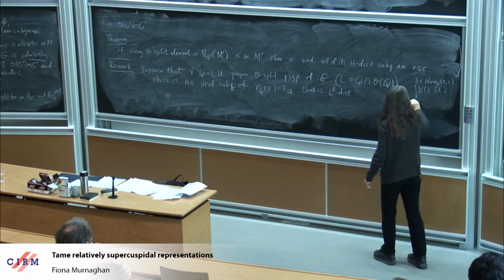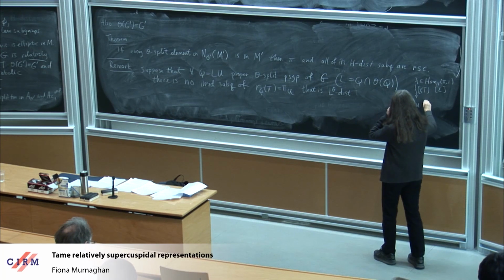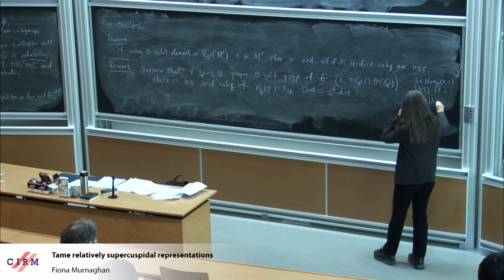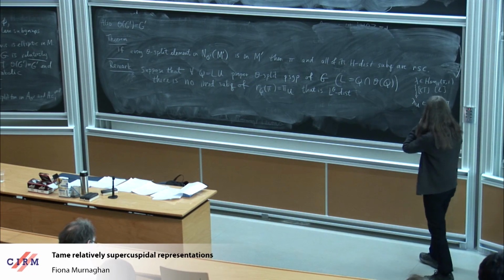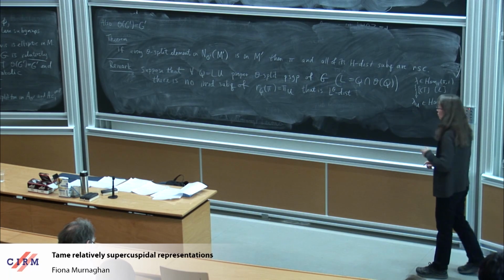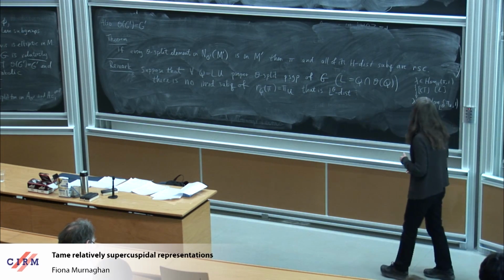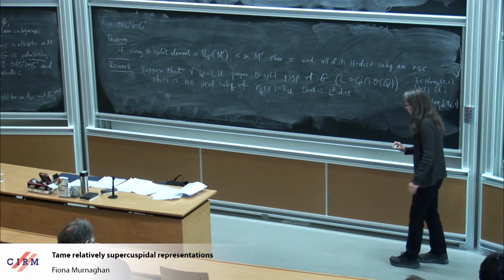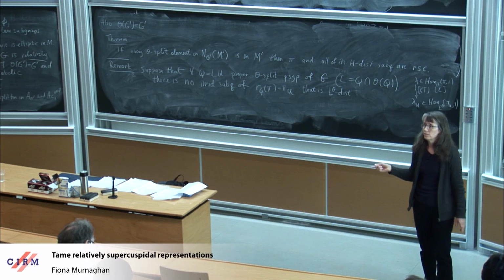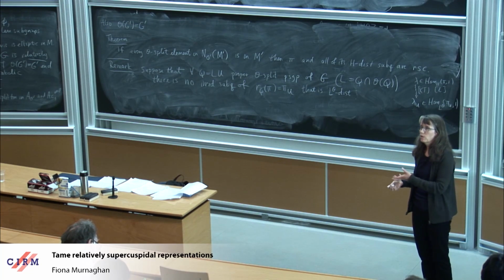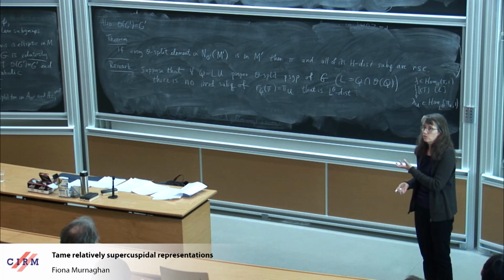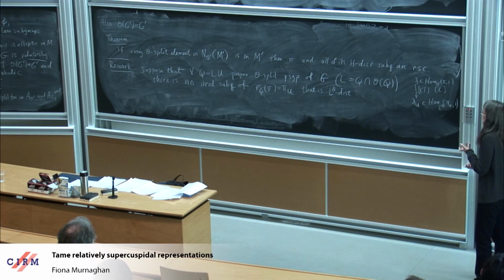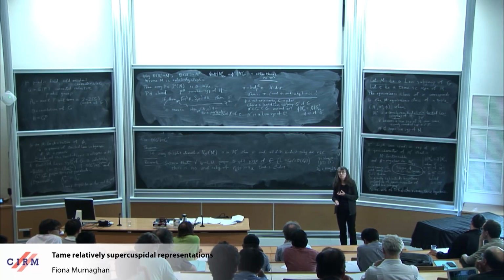You can descend to a form, let's call it lambda U. And there's a characterization of relatively supercuspidal representations analogous to that of supercuspidals. A representation is supercuspidal if and only if all of its Jacquet modules are zero. So an irreducible distinguished representation is relatively supercuspidal if and only if all of these forms are zero.